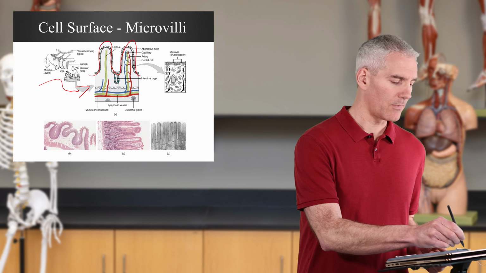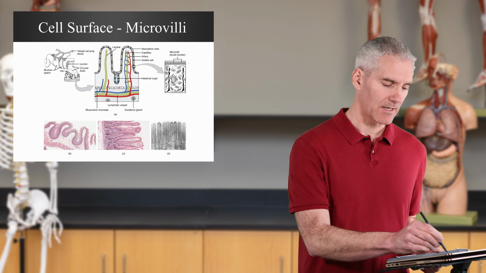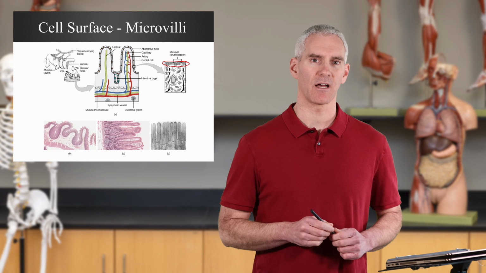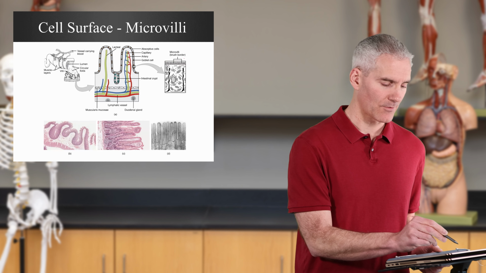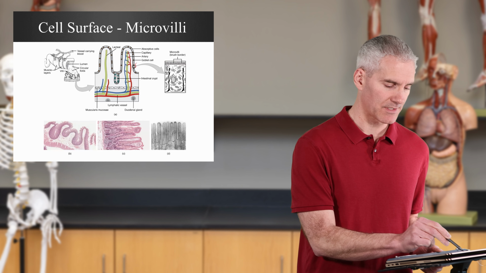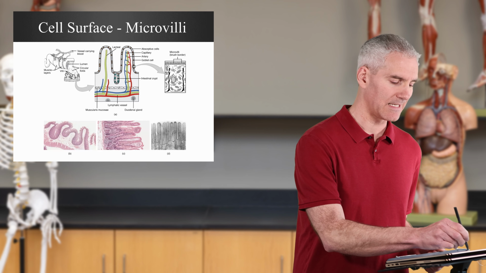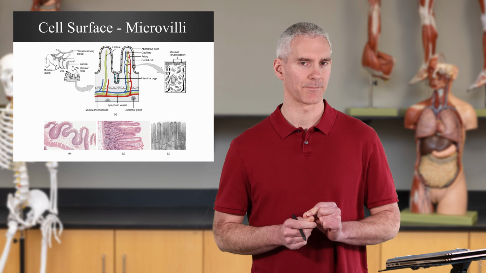But we still have to get even smaller, because the actual microvilli are just these little pieces on the very surface of each individual cell. So those microvilli are those tiny little pieces just along the cell surface over here. It really isn't even visible until you look at the microscopic cell level.